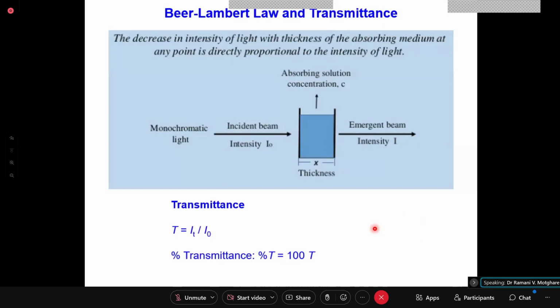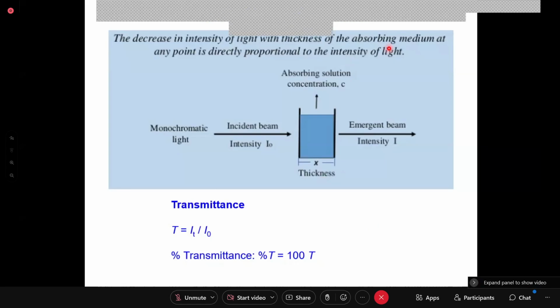The same thing was first found by Beer and Lambert. According to Beer and Lambert's law, the decrease in intensity of light with the thickness of the absorbing medium at any point is directly proportional to the intensity of light incident. It is not necessarily so that if a solution absorbs strongly at 500 nanometers and you irradiate it with 700 nanometer light, you will say there is no absorption at all.